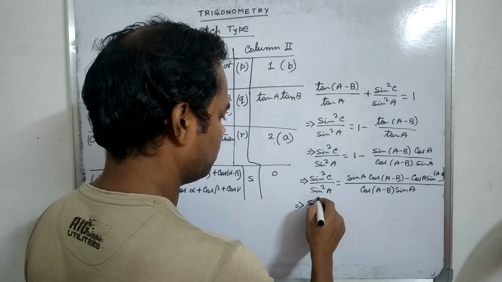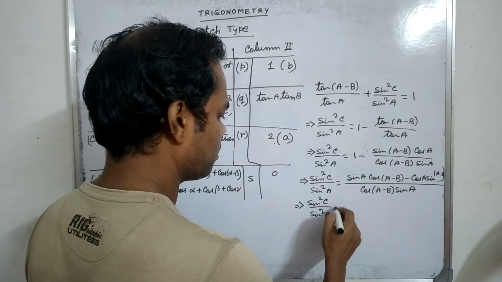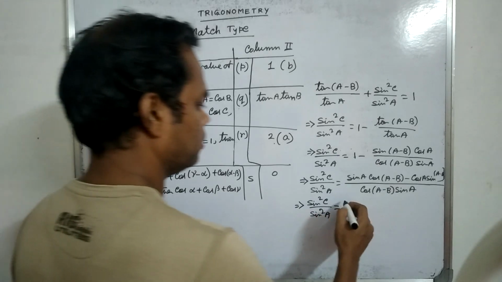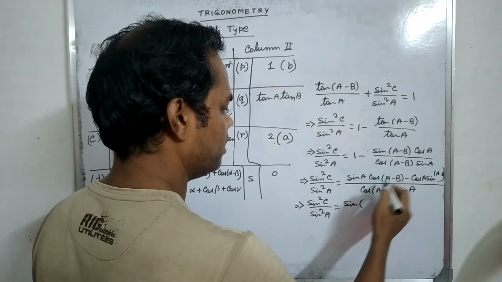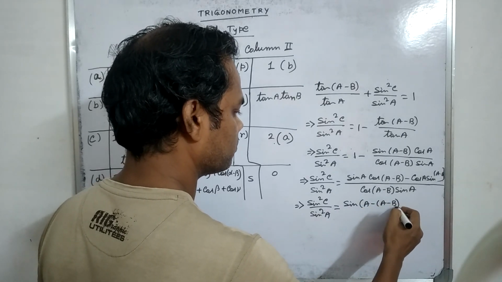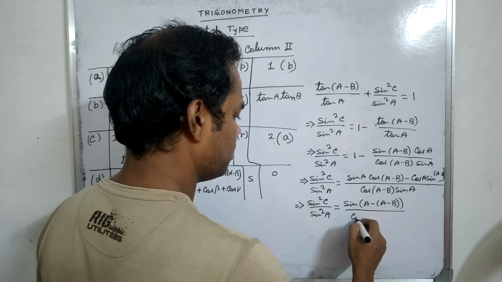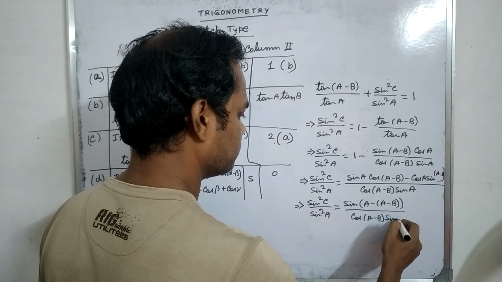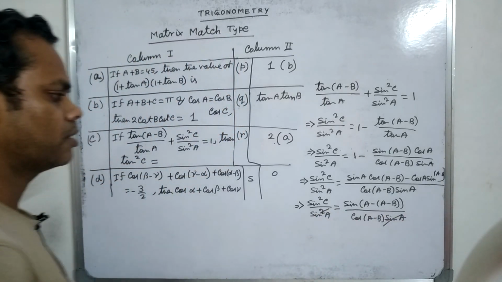So this becomes sin square C by sin square A is equal to sin (A minus (A minus B)) by cos (A minus B) sin A. The sin A is cancelled from the side.